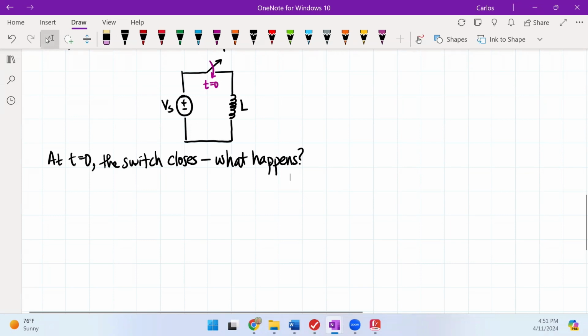What we should think about is what that induced voltage does.